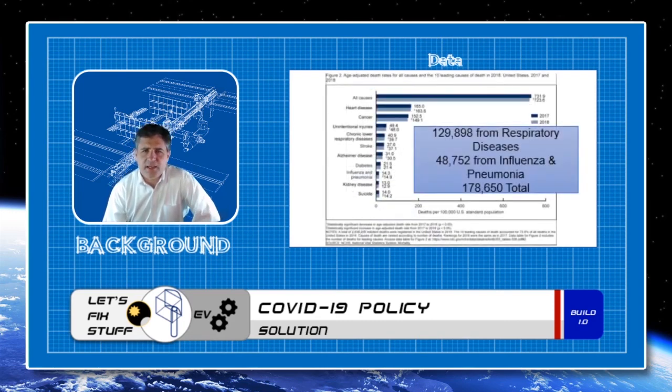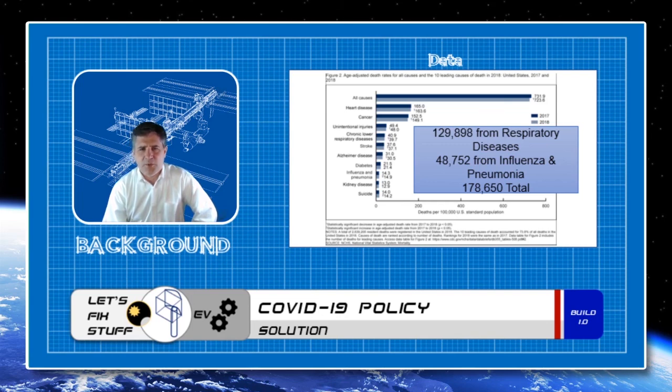But to put this in context, in 2017, which is the latest date that I could find for data on this particular topic, and that data is not available for 2020 yet, we had 129,898 people die of respiratory diseases, which are very similar to what's going on with COVID-19. We had over 48,000 deaths from influenza and pneumonia, which are very similar to this as well, and it totaled around 178,000 at that time for all of 2017.